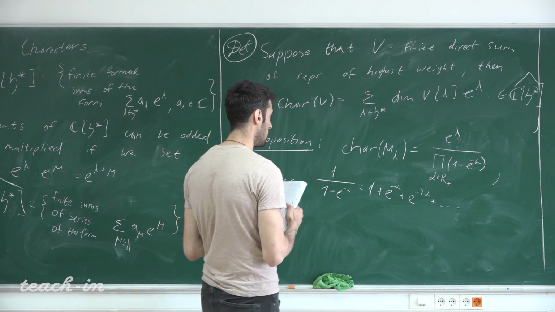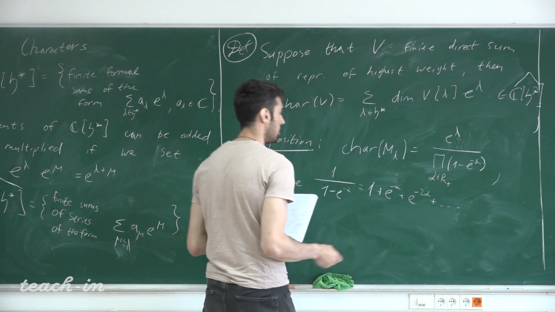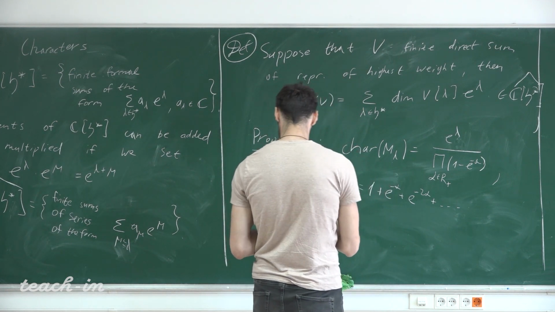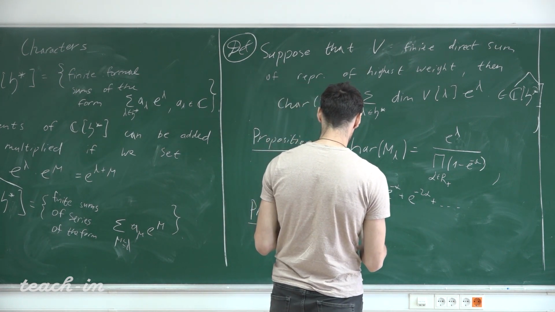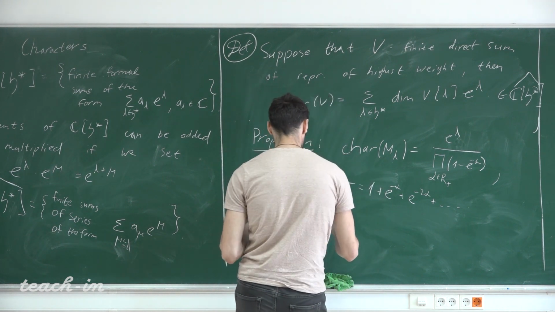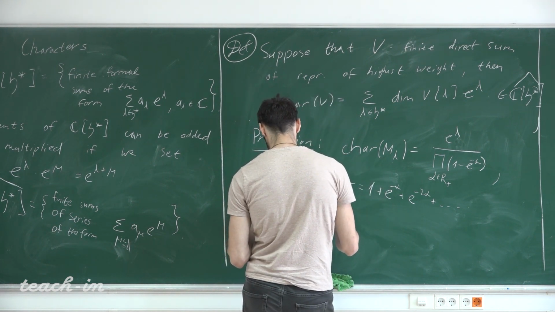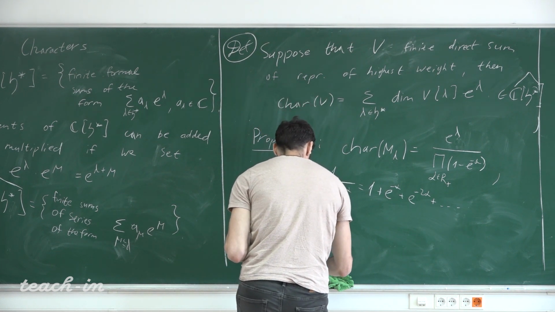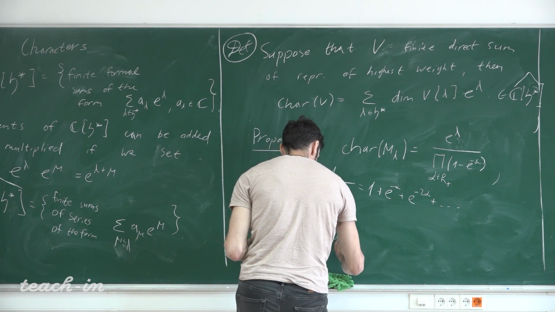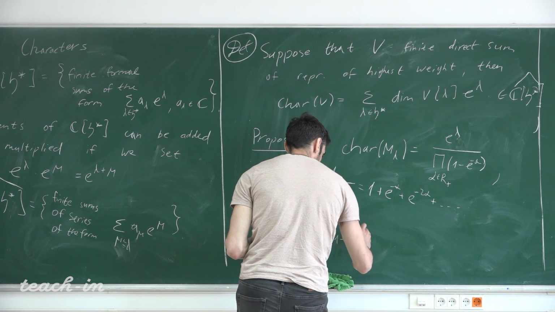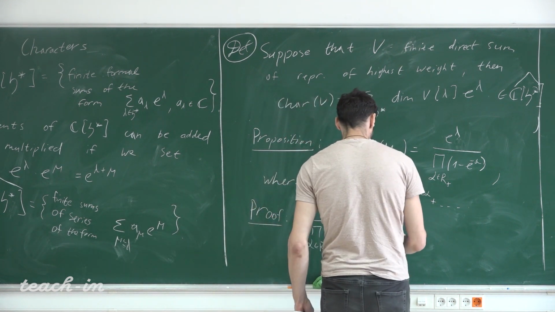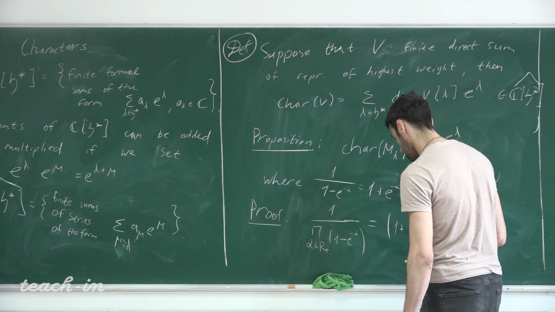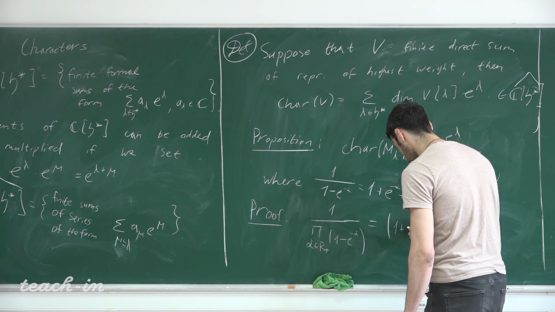You just need to see what is 1 over the denominator here: 1 over the product over alpha in R plus of 1 minus e to the negative alpha. Well, we can just expand it and stare at it for a while and see that it works as needed, right? It's some combinatorics.